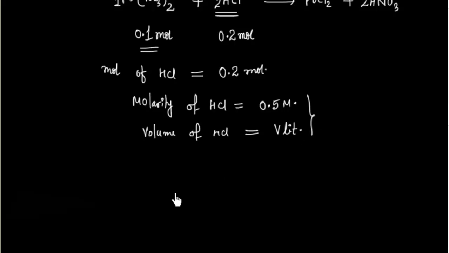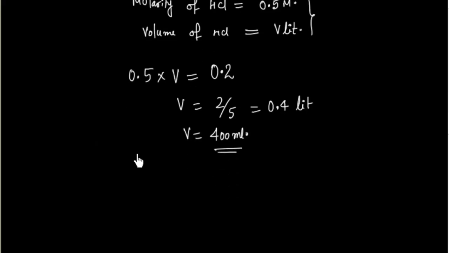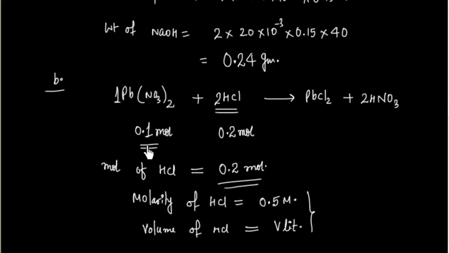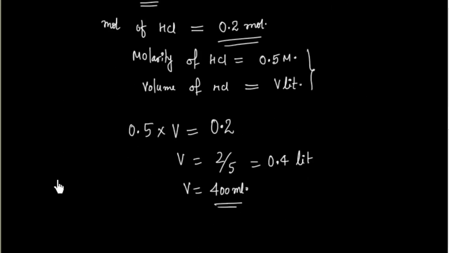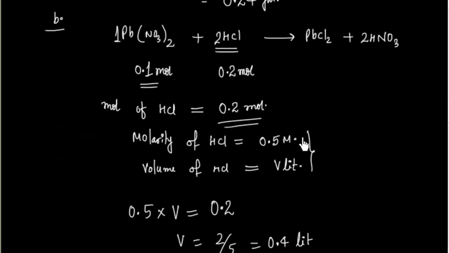Molarity into volume is moles, so 0.5 into V equals 0.2. From here V equals 2 by 5, that is 0.4 liter, which is 400 milliliters. So to react with 0.1 mole of lead nitrate, we have to take 400 ml of HCl of concentration 0.5 M.